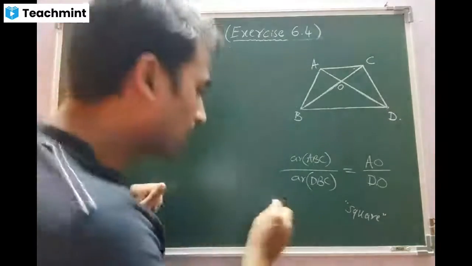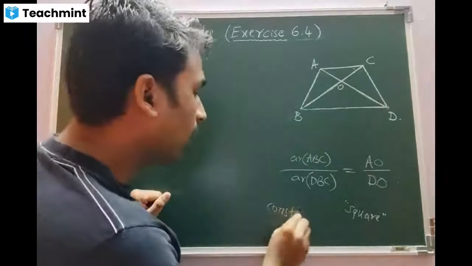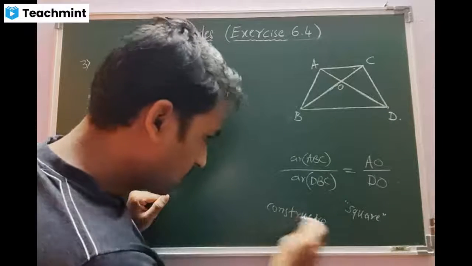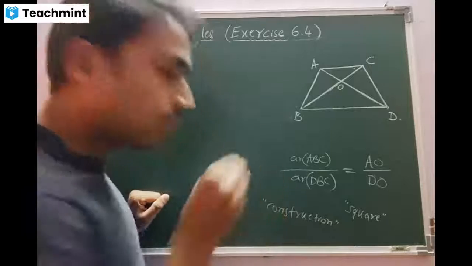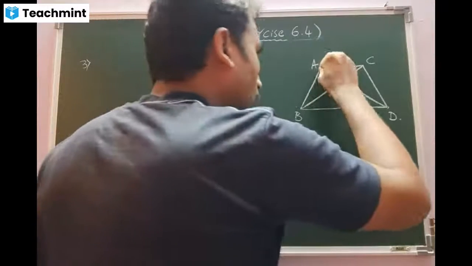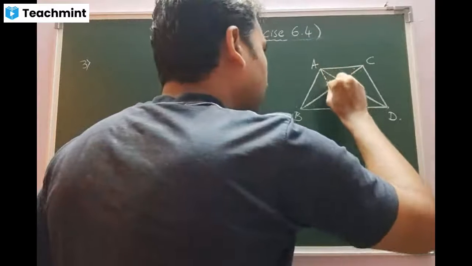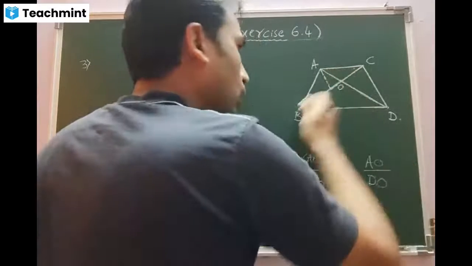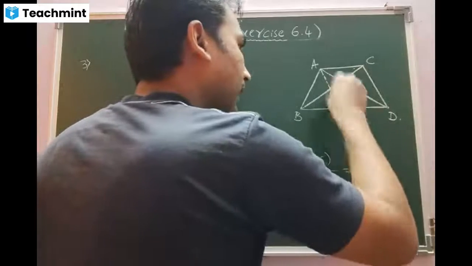Here we require the construction. What we require, beta? Construction. What is the construction? Look at the construction. From the vertex A, beta, drop one perpendicular line. From A, drop a perpendicular line to the base BC, call it as AM.